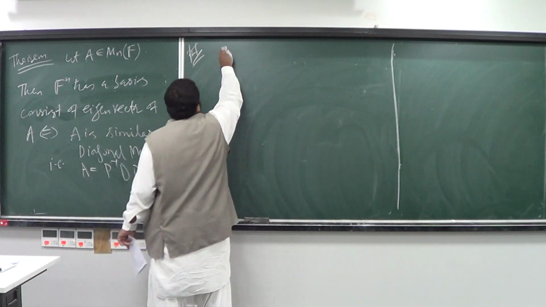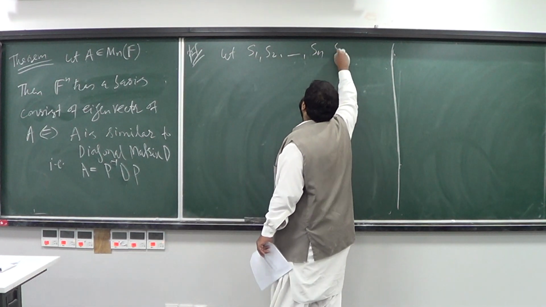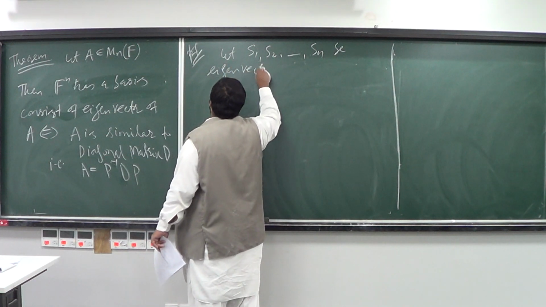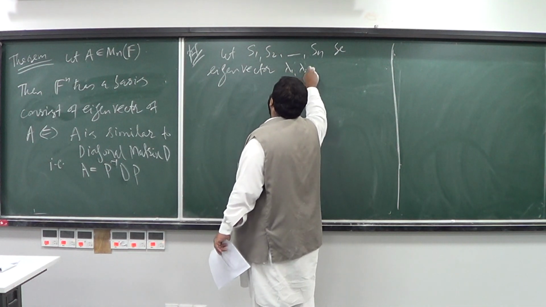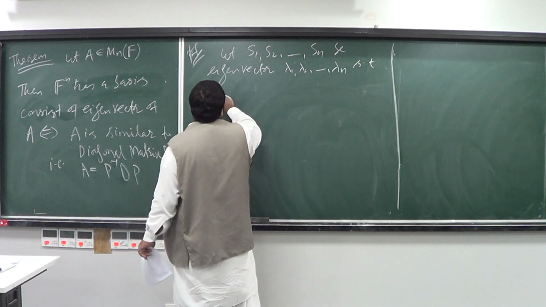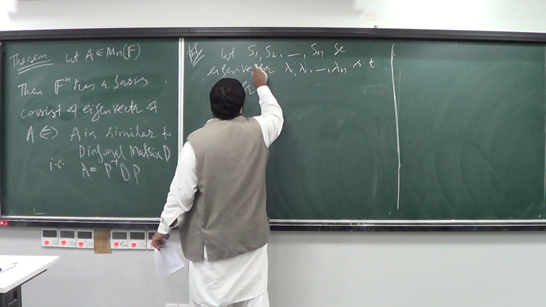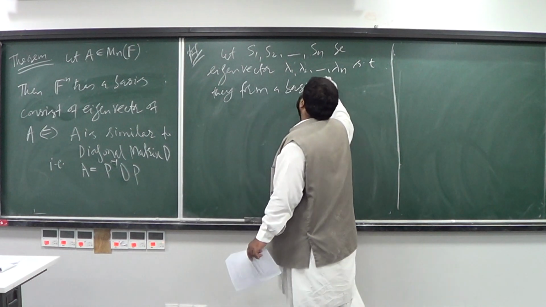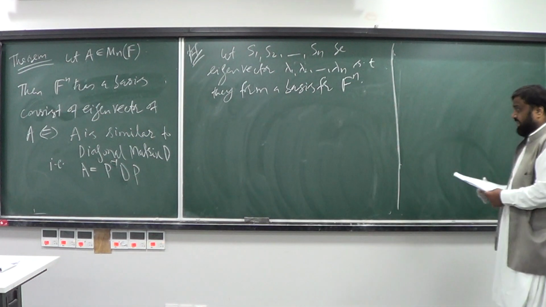Here's a proof. Let S1, S2, up to Sn be the eigenvectors corresponding to the eigenvalues lambda 1, lambda 2, up to lambda n, such that these vectors form a basis for Fn.